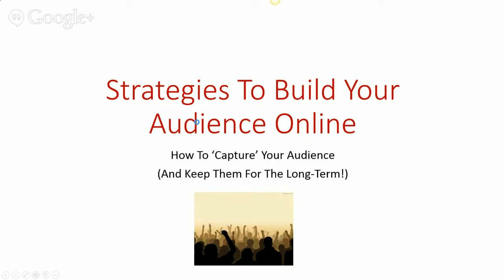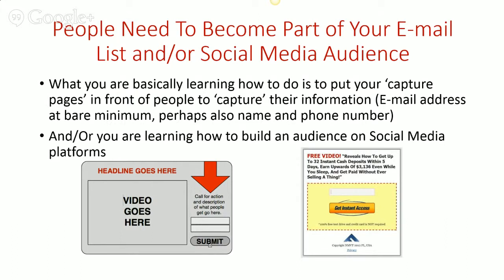So people need to become part of either your email list and/or your social media audience. I think eventually you need to aim to be doing both, but in the first instance, you need to pick one or the other. But they can be built simultaneously. There are lots of different ways to do this, not just one.